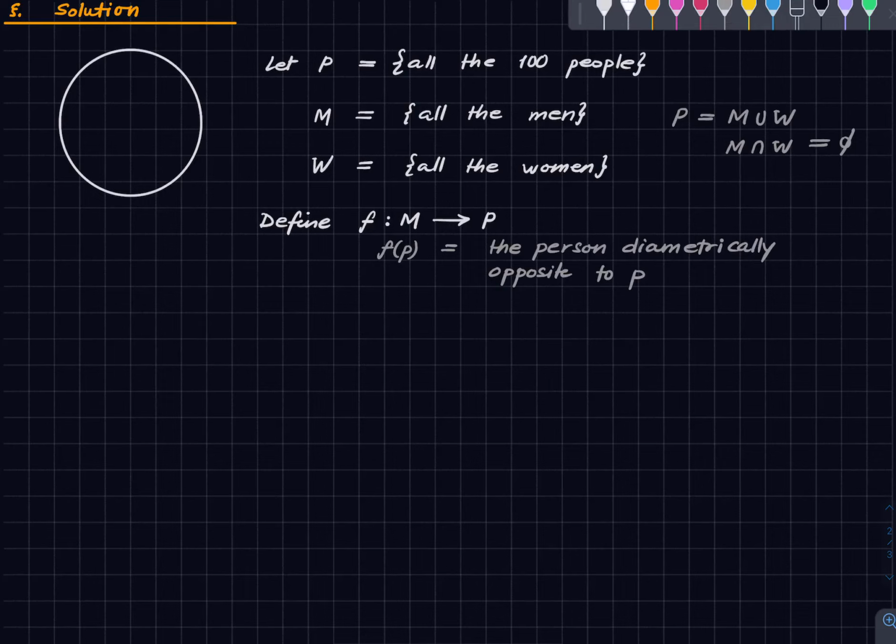So for every man, denoted by p, f of p just records or outputs the person who is sitting diametrically opposite to p.